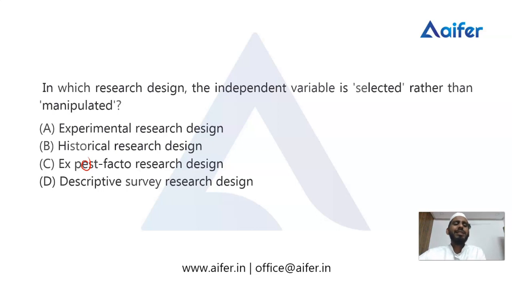Based on our discussion, you can understand the answer would be ex post facto research, because it asks in which type of research method the independent variable is selected rather than manipulated. So the answer would be the ex post facto research design. So let's see the next question.